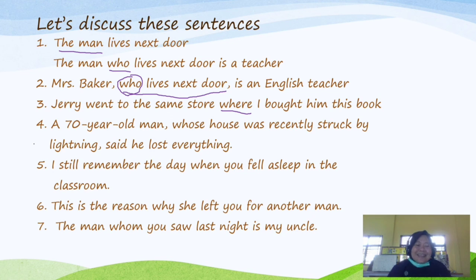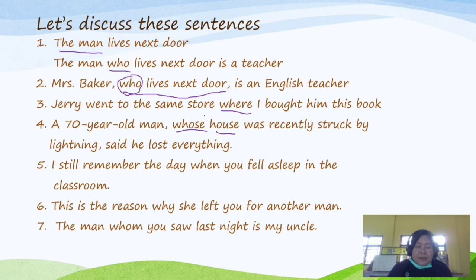Okay. Next, number four. A 70-year-old man whose house was recently struck by lightning said he lost everything. The use of whose means that this house belonged to a 70-year-old man.